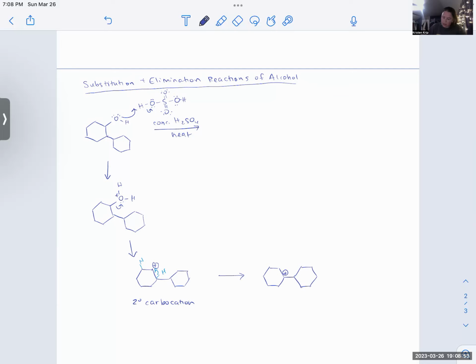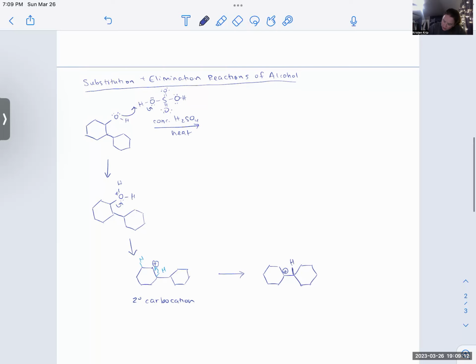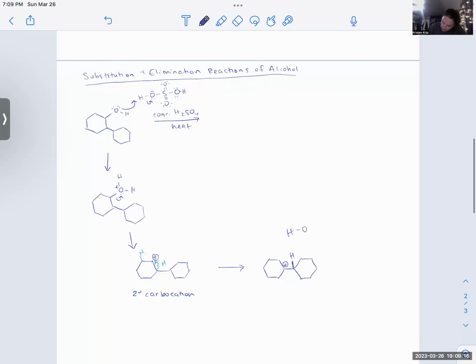Okay, so now we have a tertiary carbocation. And we have HSO4 basically floating around in our solution, right? So it's going to come in and be like, hey, I needed that hydrogen, I'm going to take it back. Actually, let's start on the other side.